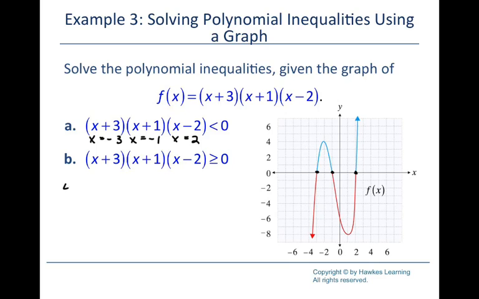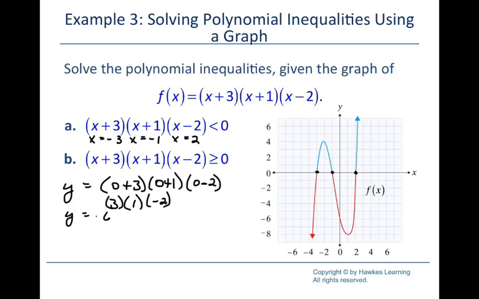So we could have y equals 0 plus 3, 0 plus 1, times 0 minus 2, which is going to be 3 times 1 times negative 2. So the y-intercept should be at negative 6. And we can see 1, 2, 3, 4, 5, that it is at negative 6 right there. So that gives us some good points on our graph.